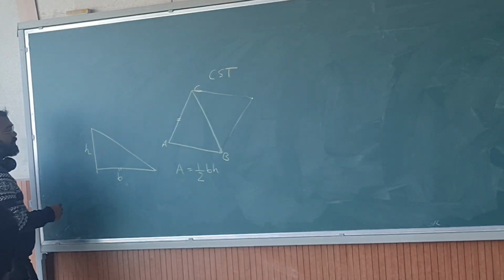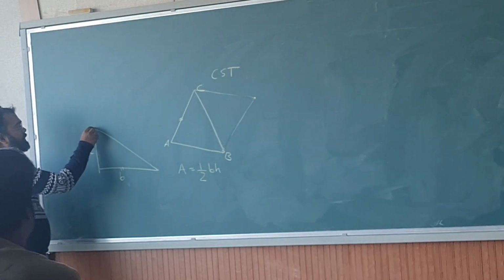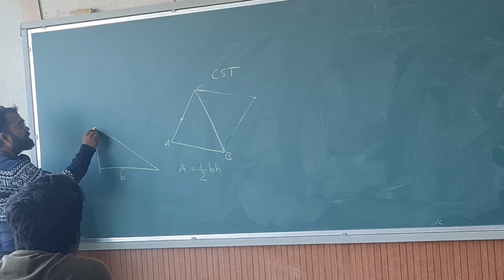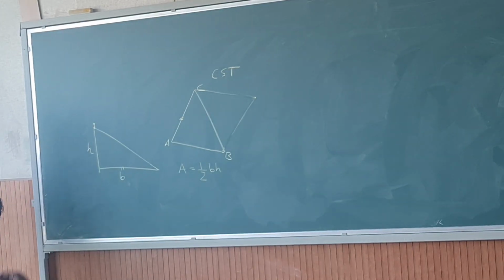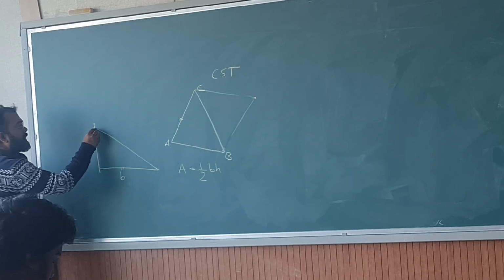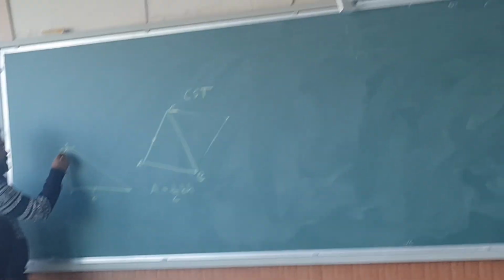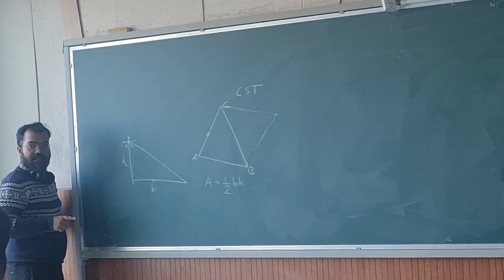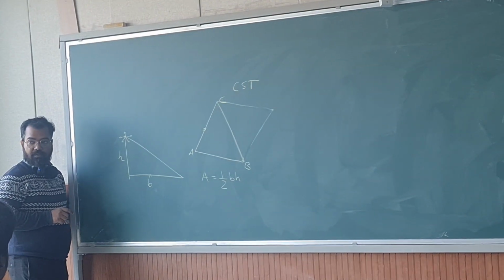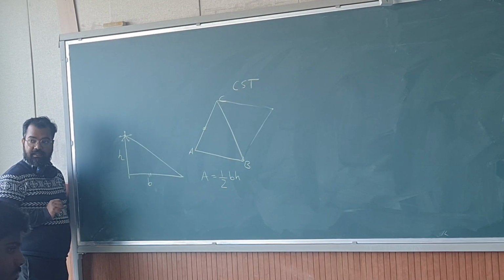I want to find a displacement. Suppose this node is getting displaced, and it can get displaced in any direction, it doesn't matter. But if it is very far from the base, then I am not changing the base, I'm changing the height.